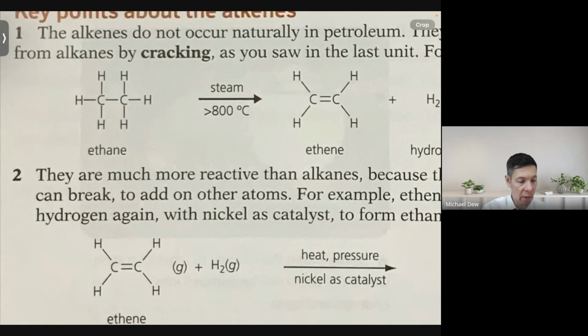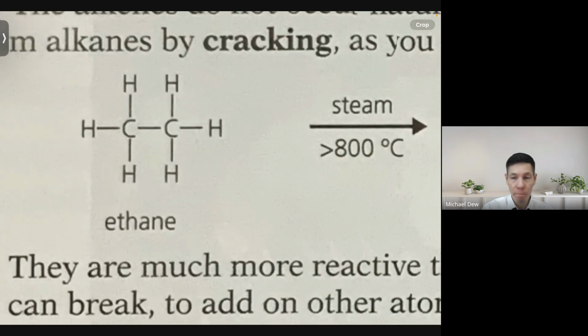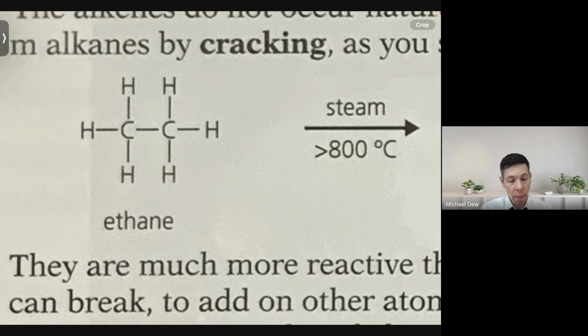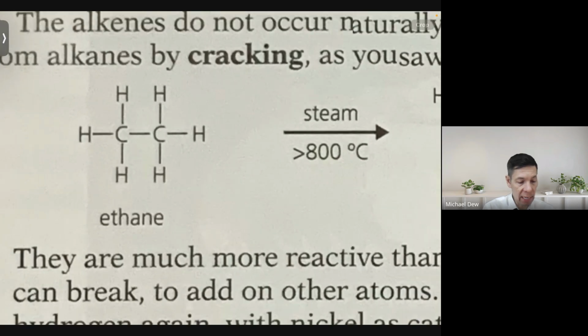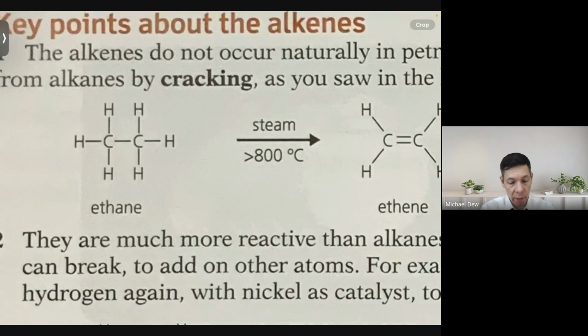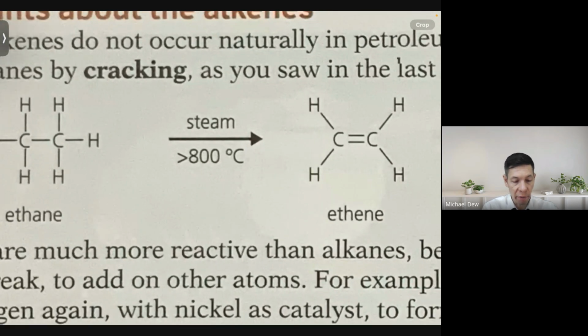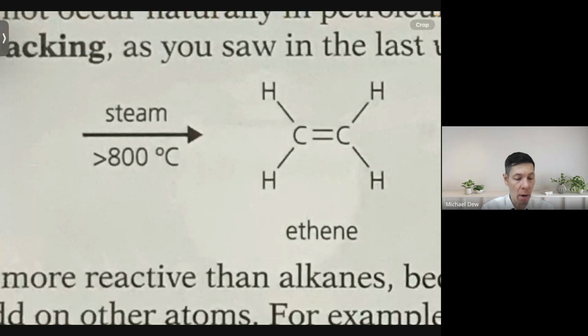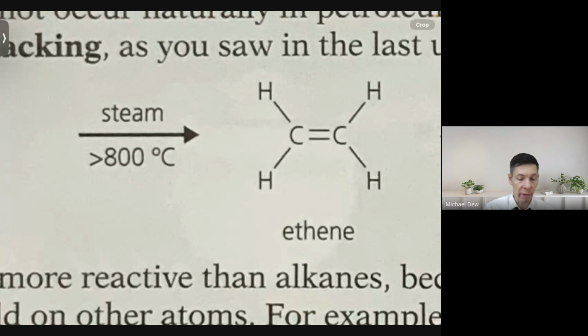In this case, you can see we have ethane, which is going to be combined with high temperature and some steam, and that's going to cause hydrogen to come off on both sides. So we'll go from 6 hydrogens to 4, and that will allow a double bond to be created. Carbon always needs 4 bonds, and then you get ethene.